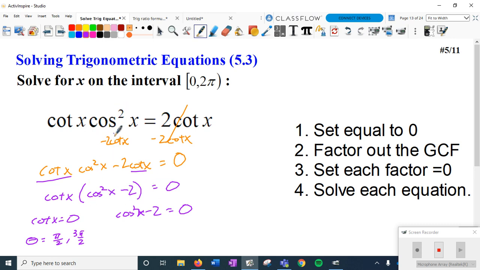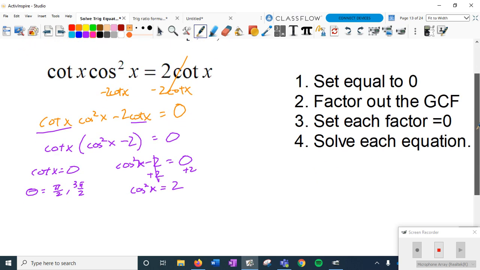This one says cosine squared minus 2 equals 0. So we are going to first add 2. So cosine squared equals 2. Okay, we can't look up cosine squared, but we can look up cosine, so that means how do we get rid of the square?